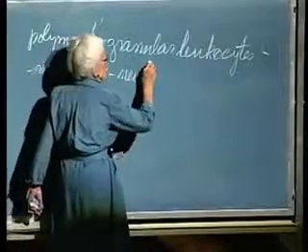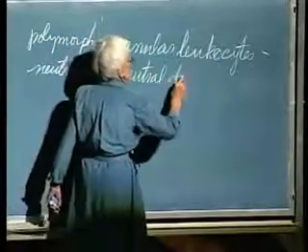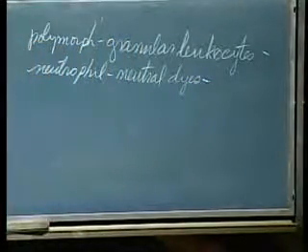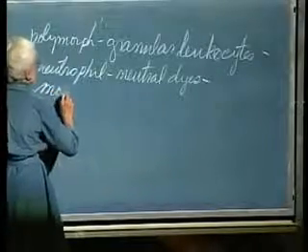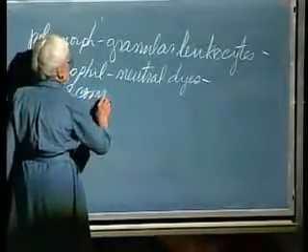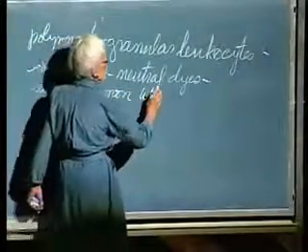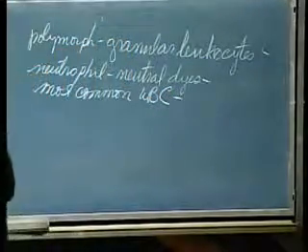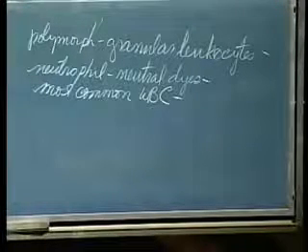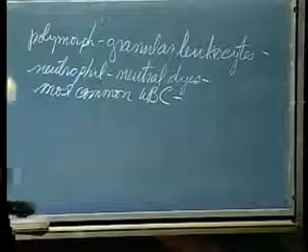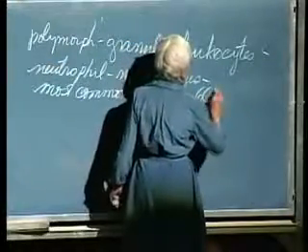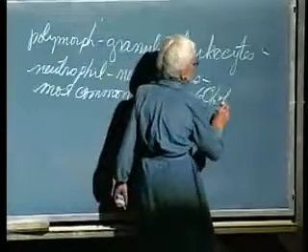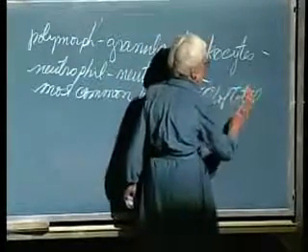Neutral dyes. The neutrophil is the most common white blood cell. Anybody know what percentage it amounts to of your total white blood cells? 60% of total white blood cells.